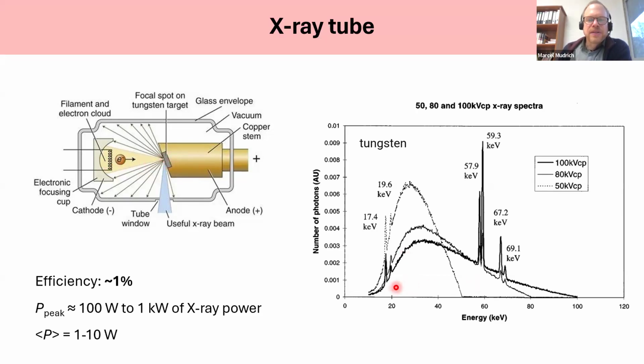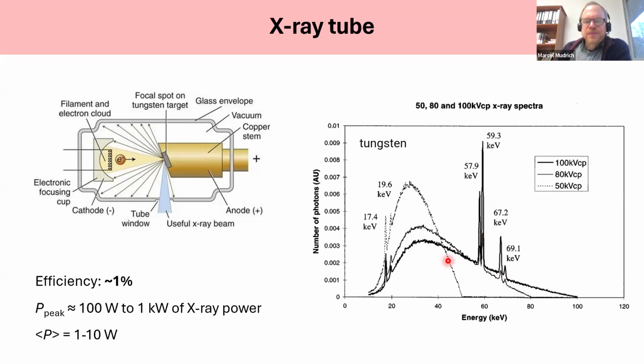In this case, the typical emission spectrum has two components. There are sharp characteristic lines, which are indicative of transitions between discrete states in the atom, typically K alpha or the K shell recombination emission.